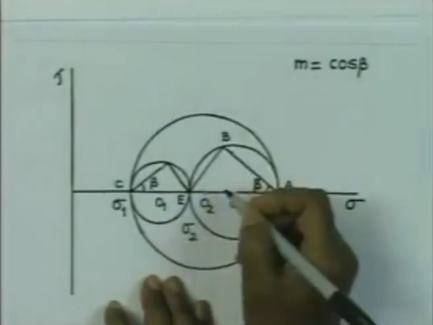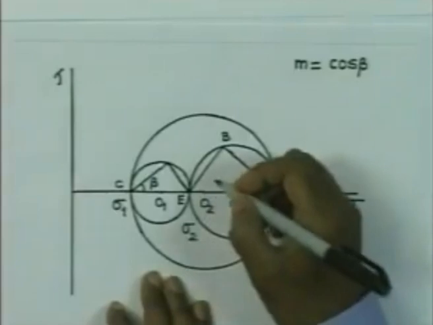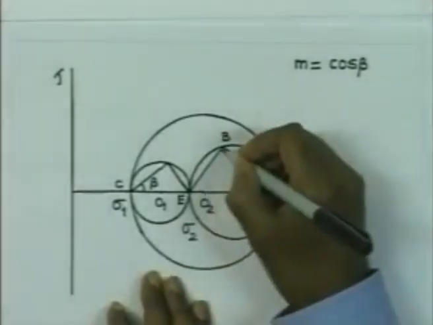We draw a circular arc with O2 as the center and O2B as the radius.